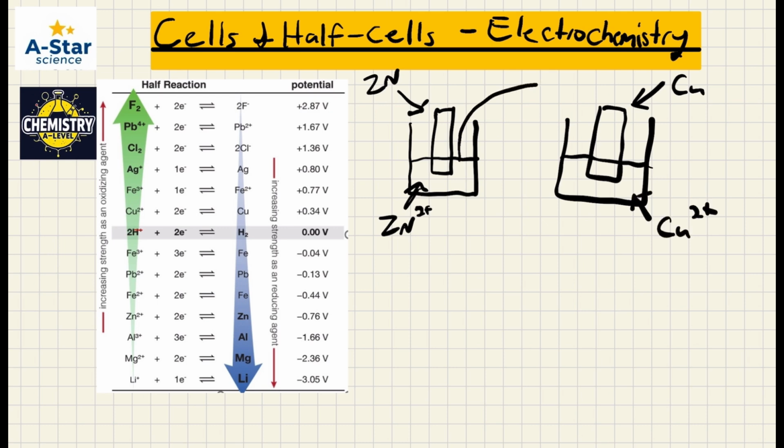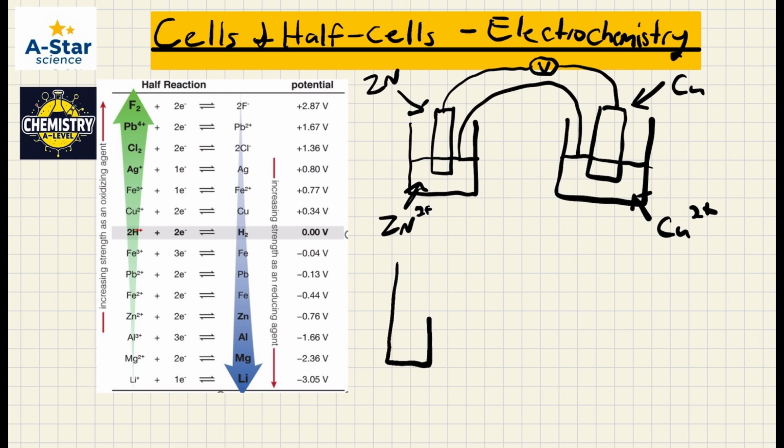We'll have our salt bridge, like so, and then we'll connect the top with a voltmeter, and now we have a full cell. Well, how can we determine the standard electrode potential of this particular cell, meaning what is going to be the resulting voltage of the cell.